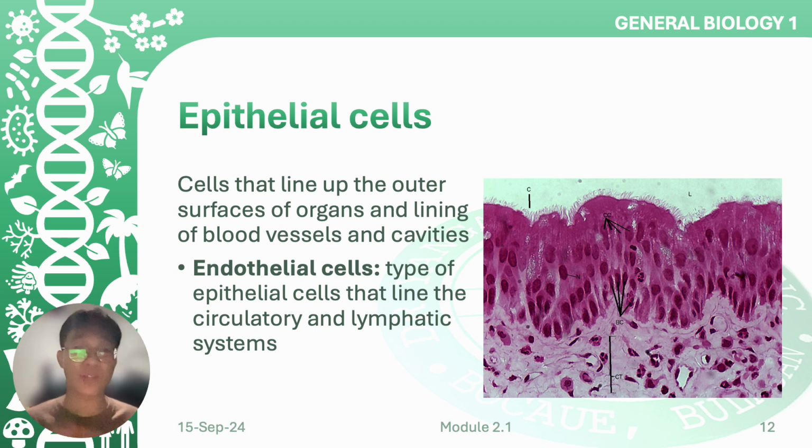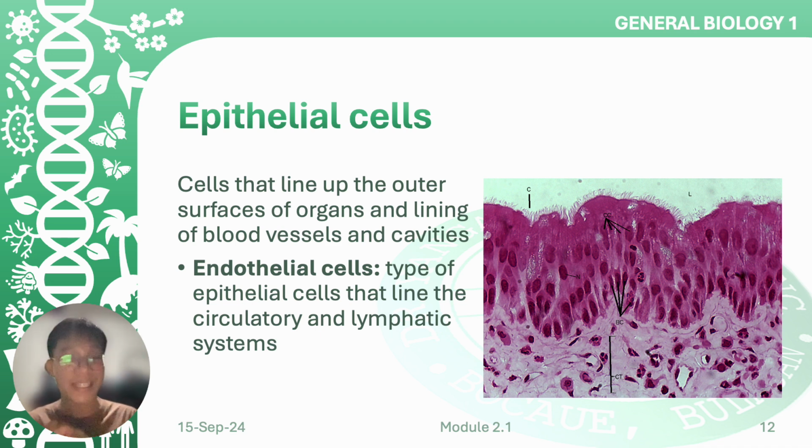Again, the role of the epithelial cells is to cover or to line or to make up the lining of our organs inside the body. And then we have endothelial cells, and these are a type of epithelial cells that line up the circulatory and lymphatic systems.